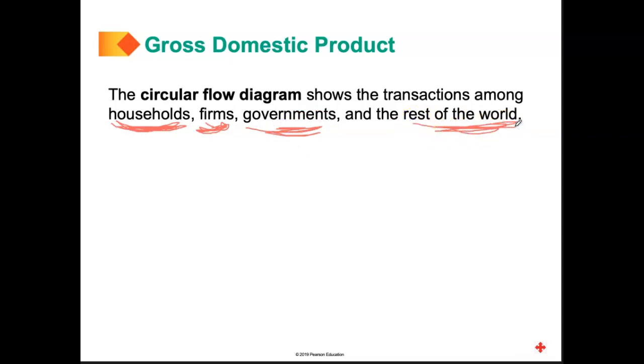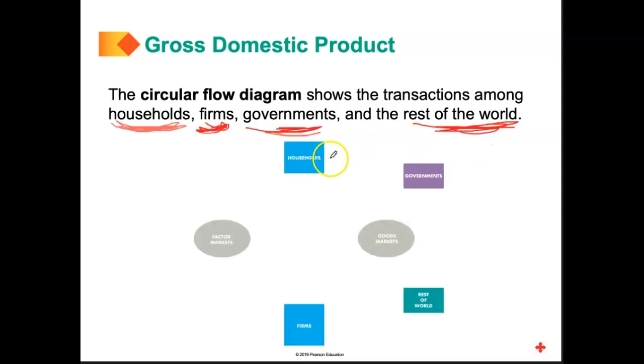So this is how our circular flow diagram is going to look. You don't need to know how to draw the circular flow diagram. Don't worry, I'm not going to ask you to draw it. But it helps you understand the economy. We have firms, governments, the rest of the world, the goods market, and the factor markets, and I explain these in more detail.